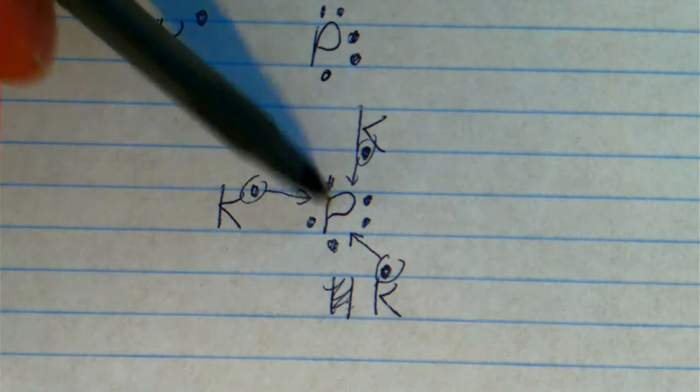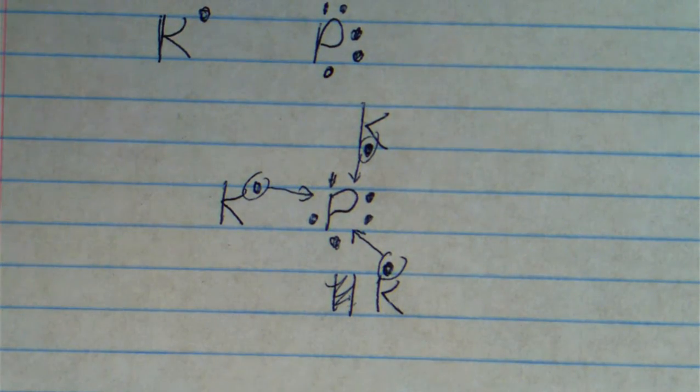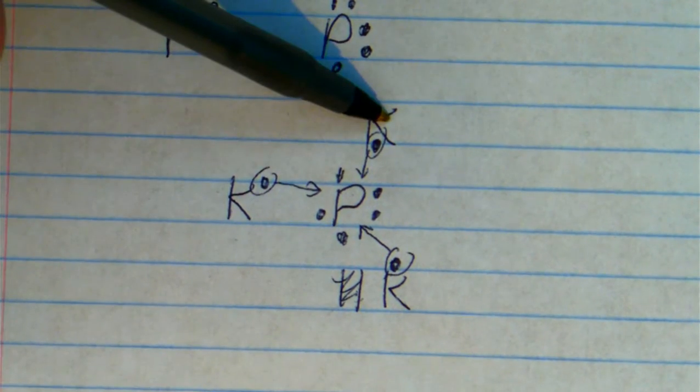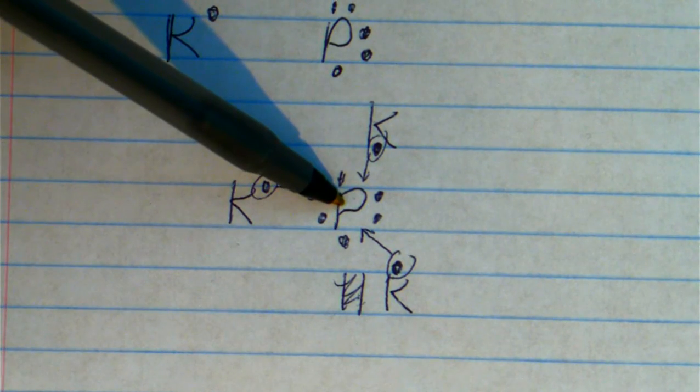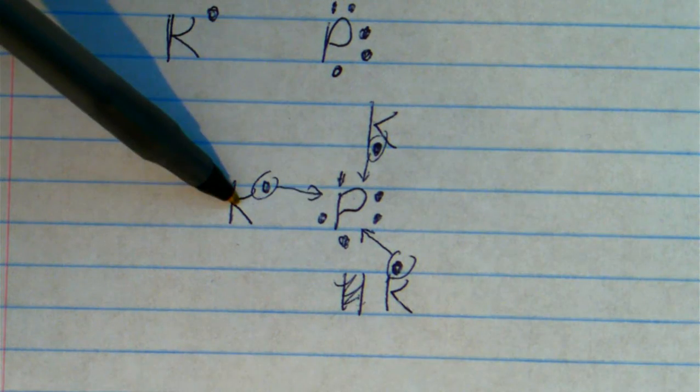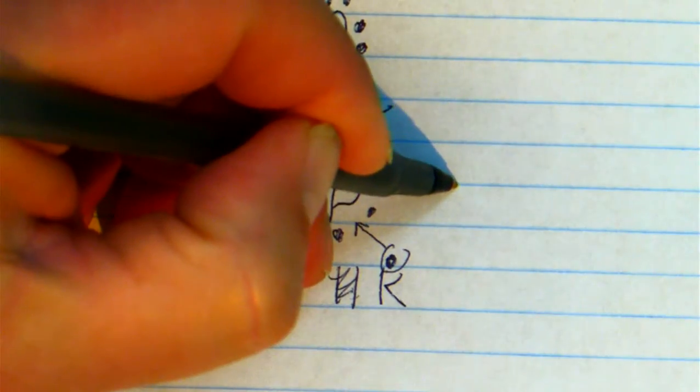And this is the only arrangement that works for both elements, meaning I'm never going to have 2 potassiums with 1 phosphorus. I'm never going to have 2 phosphorus with 1 potassium. The formula that we get out of this is 3 potassiums for every phosphorus.